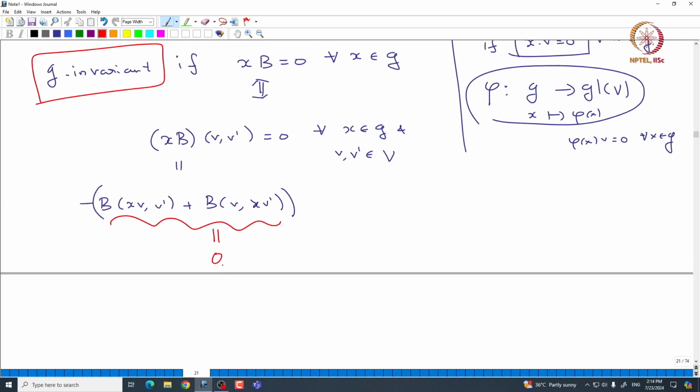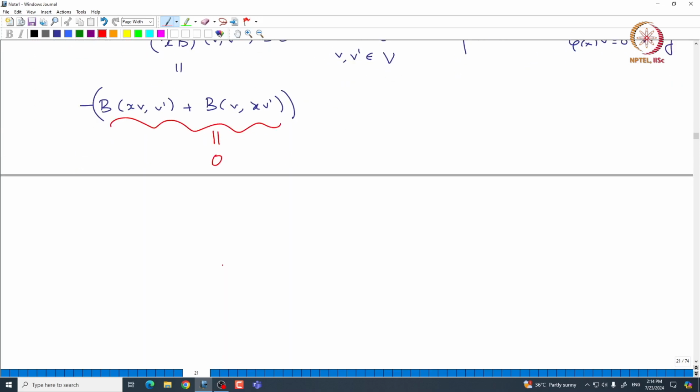So, here is the natural characterization of these invariant forms. These invariant forms immediately give us G module maps from V to V star. Let me call it an exercise, it is easy to do.